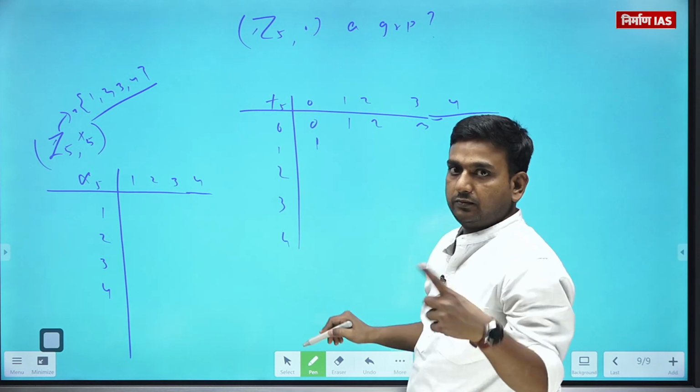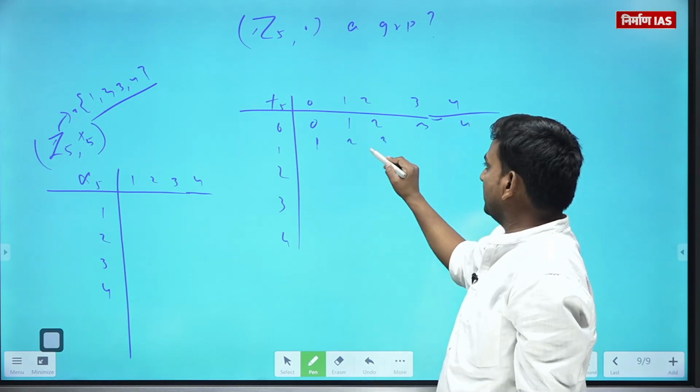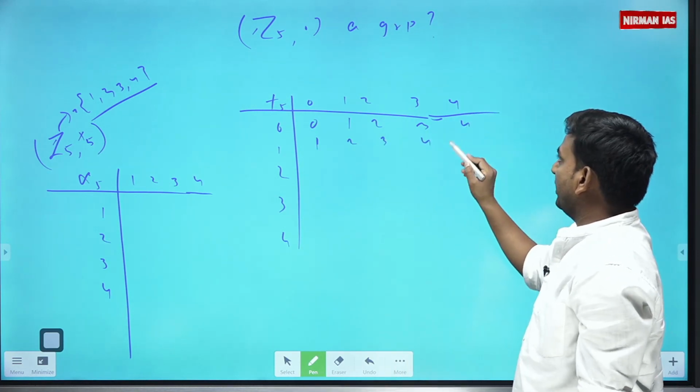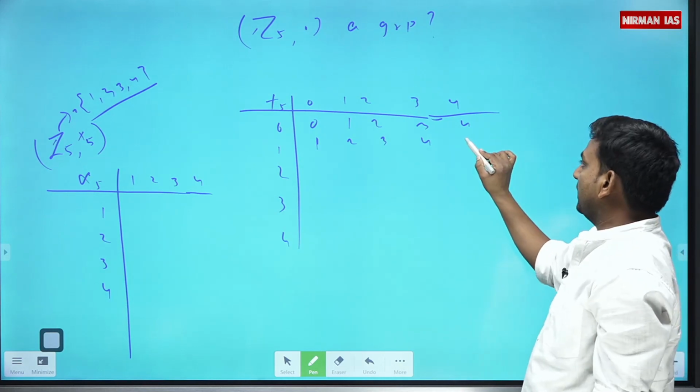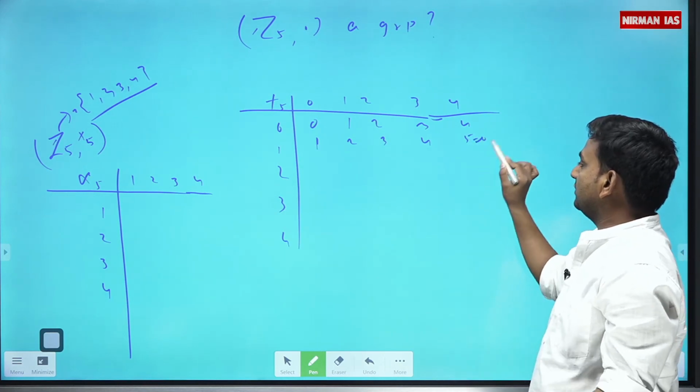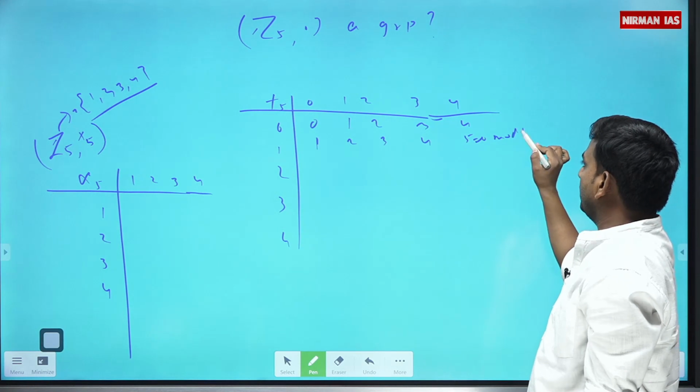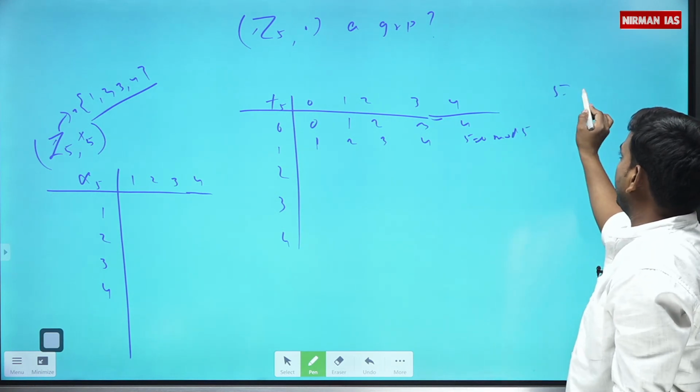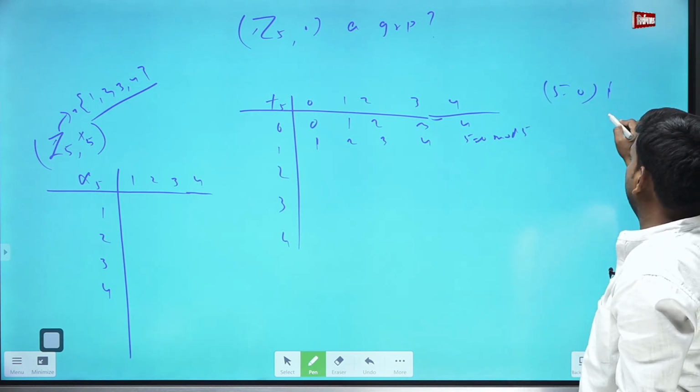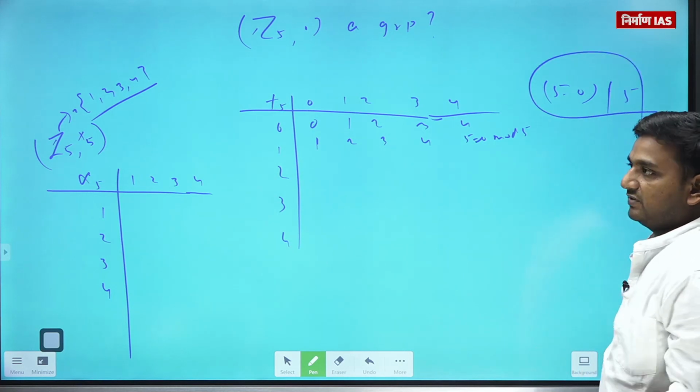1 plus 0, 1 plus 1, 2, 3, 4, 1 plus 4, 5, and 5 is what? 0, in modulo 5, because 5 minus 0 is divisible by 5. That clear?